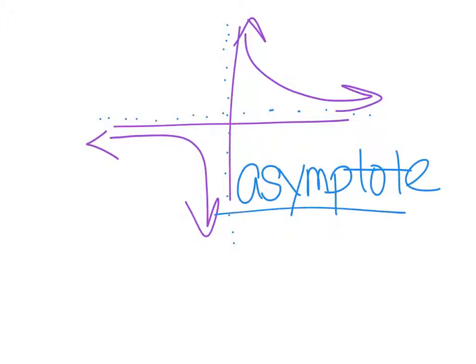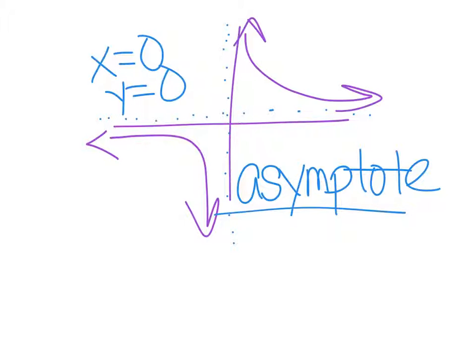A-S-Y-M-P-T-O-T-E. There it is. The asymptote. Those are the lines that the function approaches but never touches. And you should be able to name that. So in this one, in your parent function, it would be x equals 0 and y equals 0.